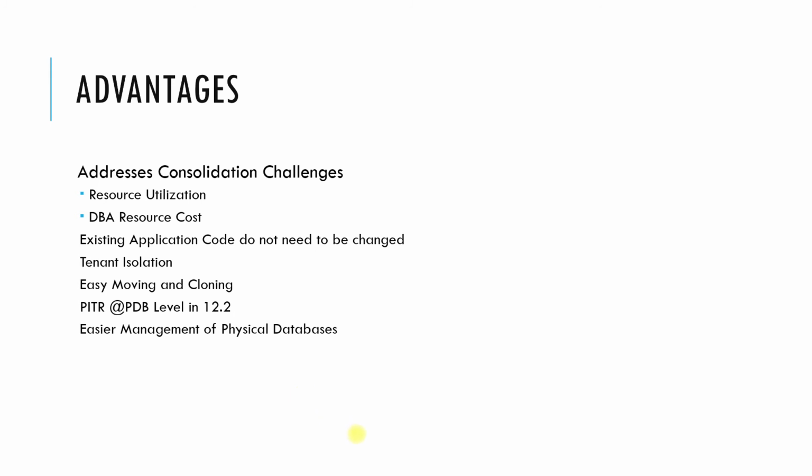And when you check the SGA in memory, only one SGA will be started for all three of them. So it's like consolidation, it's not wasting memory at all, and it's utilizing the memory.